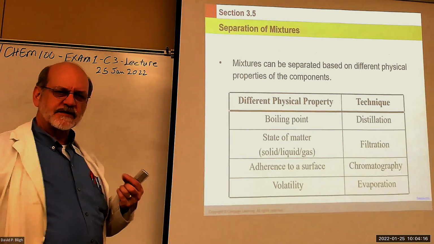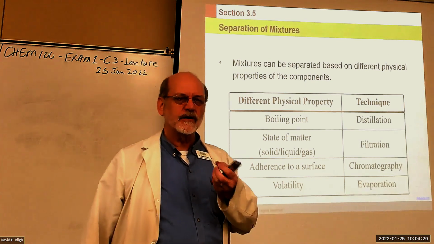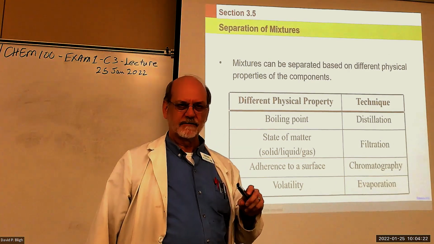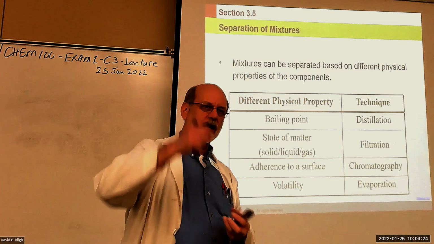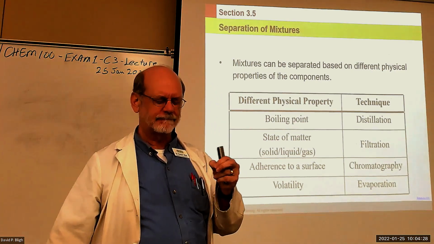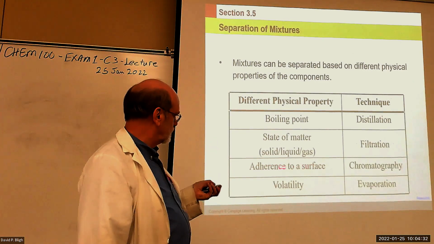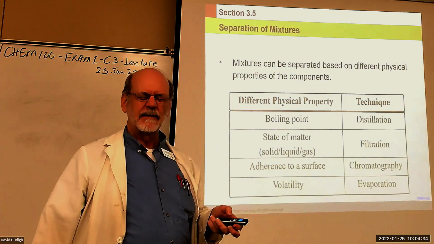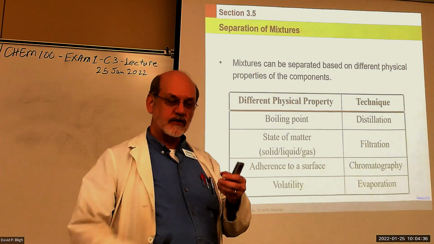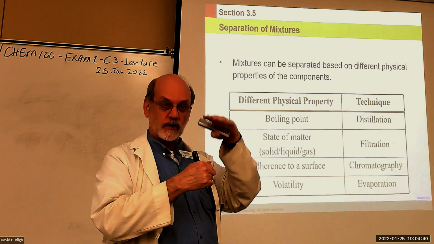If the substances prefer adherence to a surface, then you can pack a column with little beads of stuff. Sometimes they use aluminum oxide. If you have differential adherence to the surface, then the things that adhere more strongly to that solid matrix will move more slowly through them.